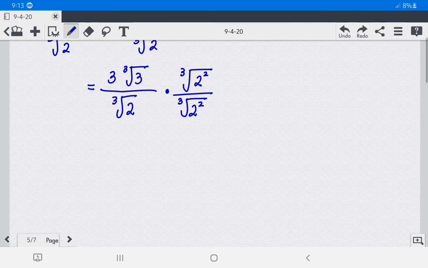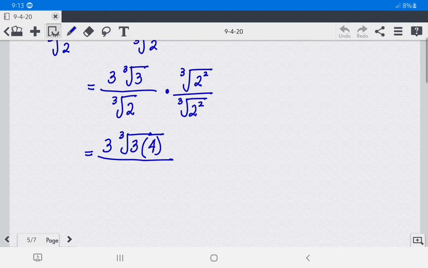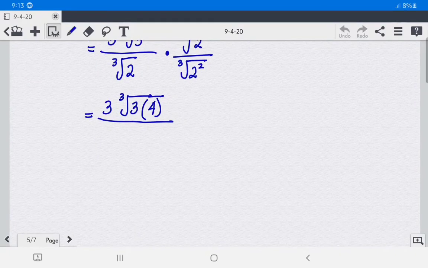So, we have here 3 times 1. So, we have 3. Then, cube root of 3 times 2 squared is 4. Okay? Then, over cube root of 2, you will just now add 1 and then 2. So, we have 3.